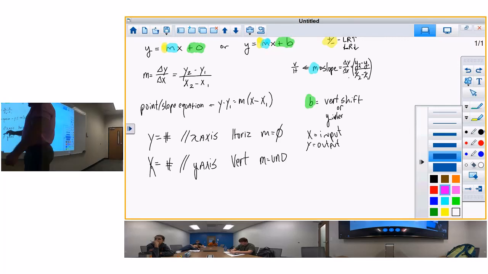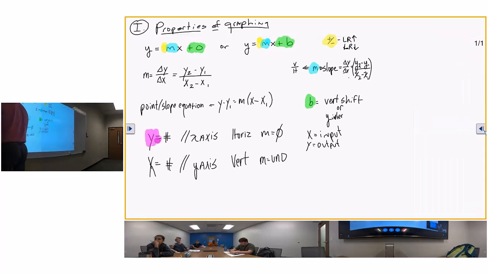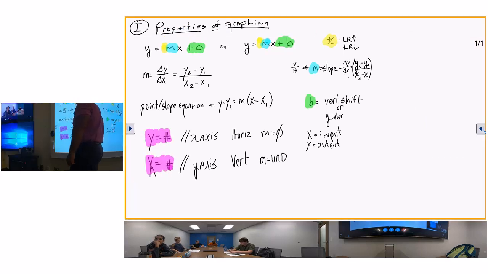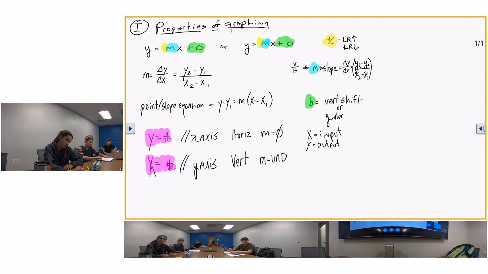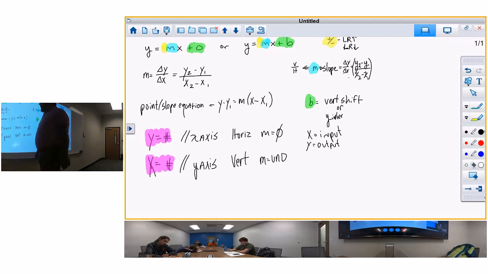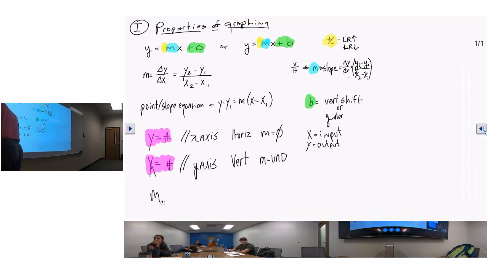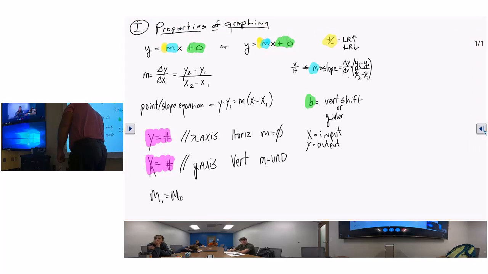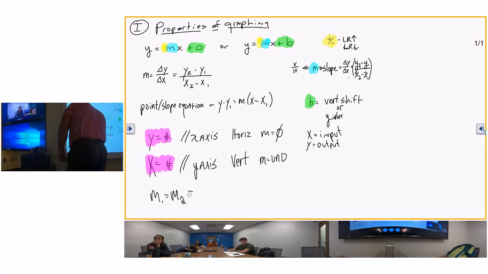Well, y is equal to a number, x is equal to a number. And we'll go over that in just a minute. And if you have m sub 1, if you have the slopes equal to each other, that means you have parallel lines.